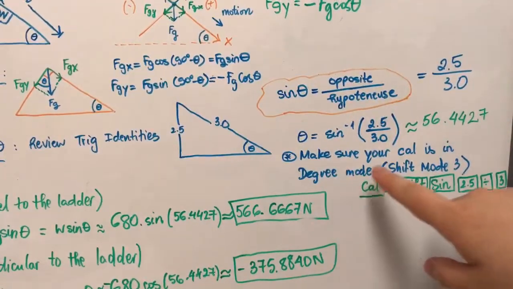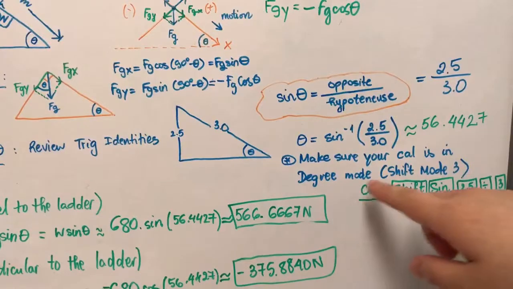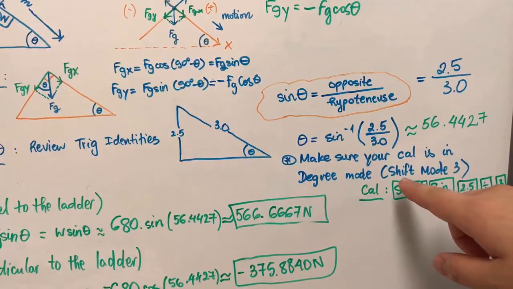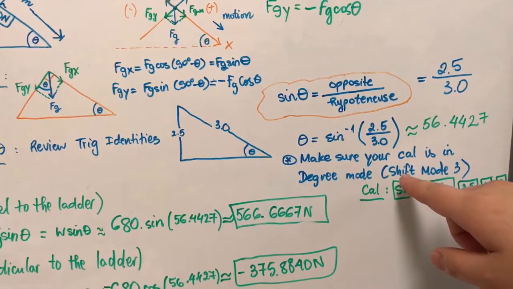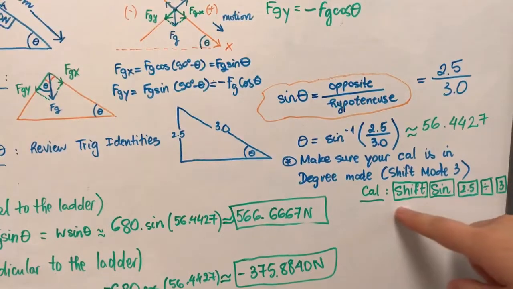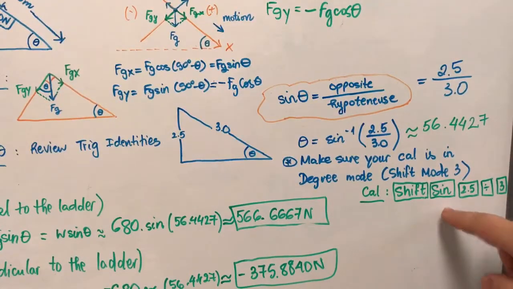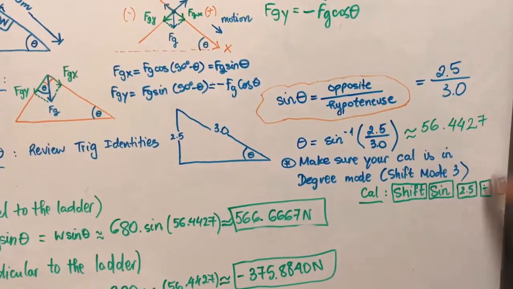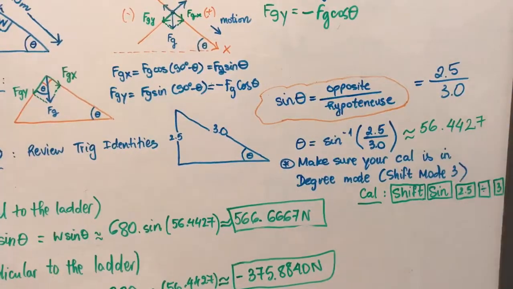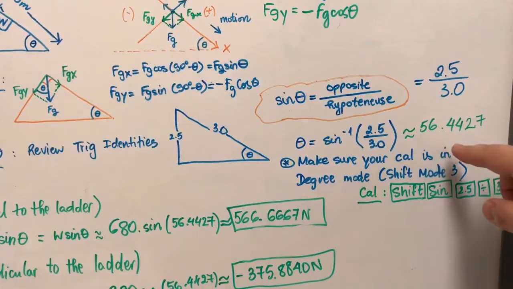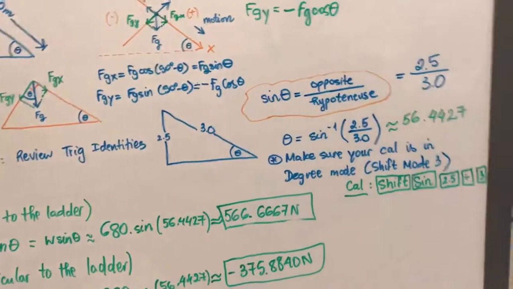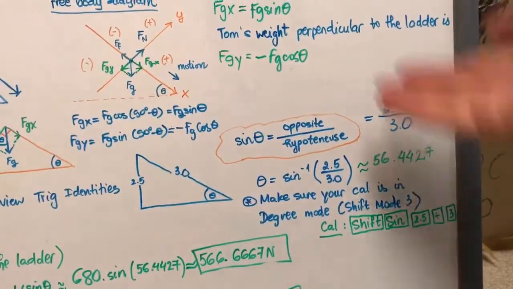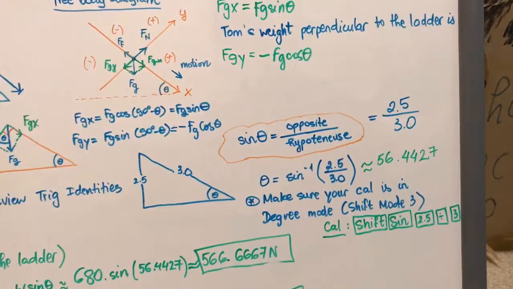Make sure your calculator is in degree mode. Press shift sine of 2.5 divided by 3, and you get approximately 56.4427. Then just plug in the data and we can find the answer.